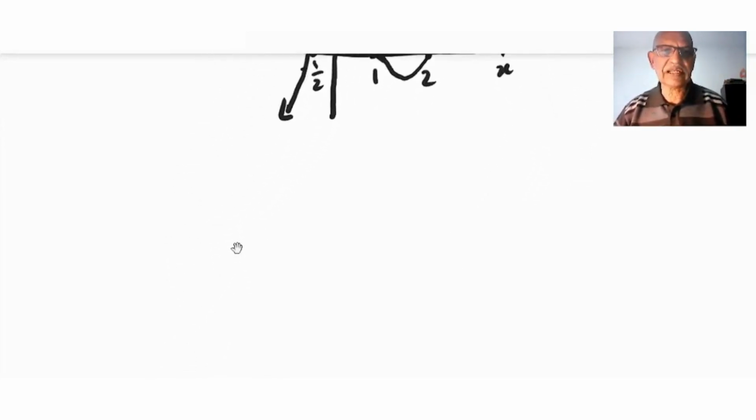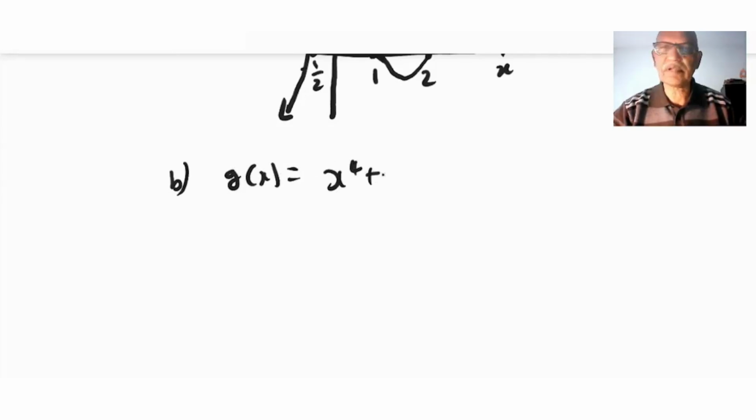Okay, so let's see another example, which is a different concept. B, g(x) is equal to x to the power 4 plus 4x cubed minus 3x squared minus 14x minus 8.